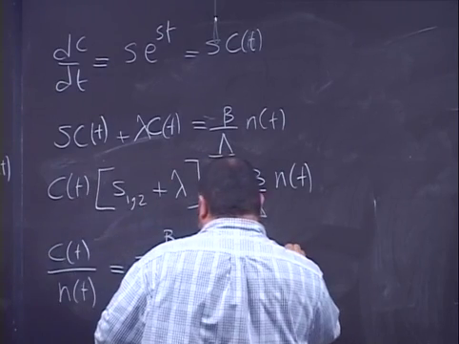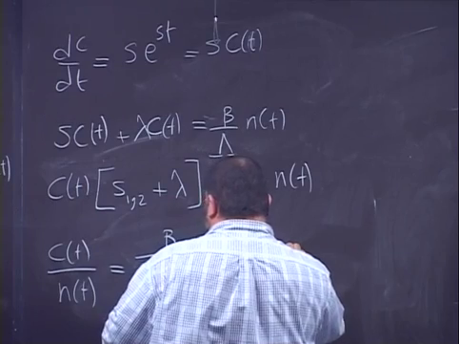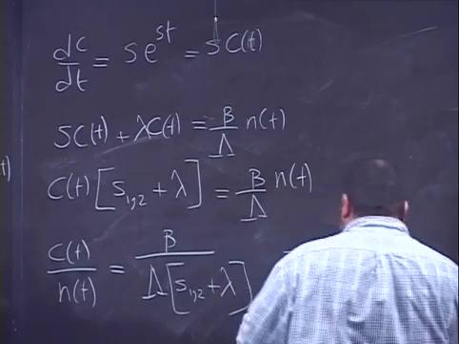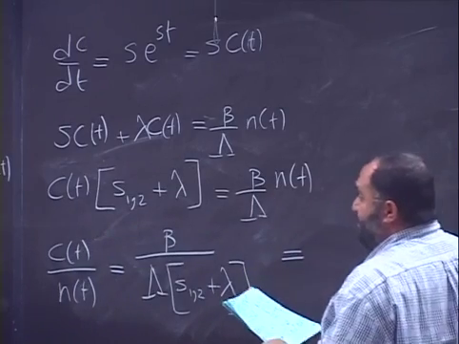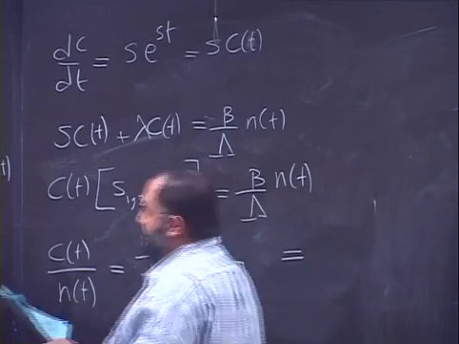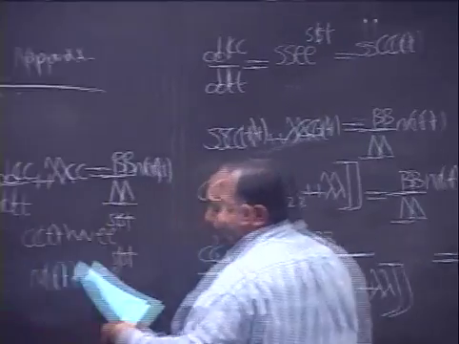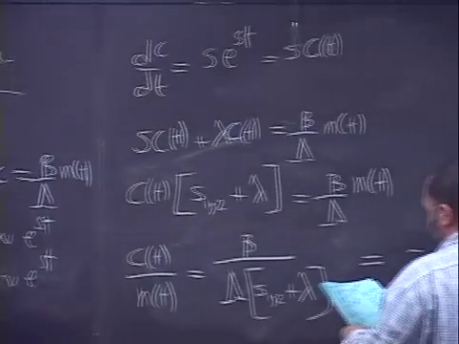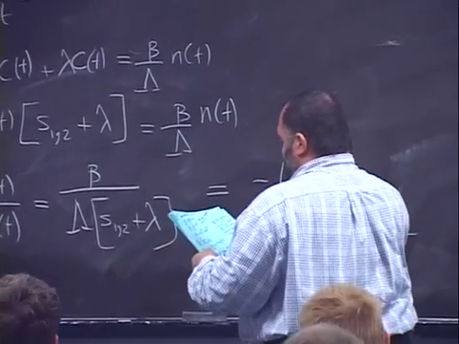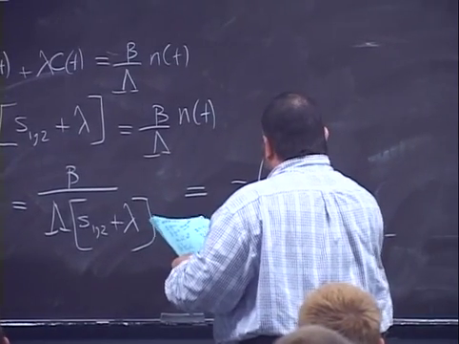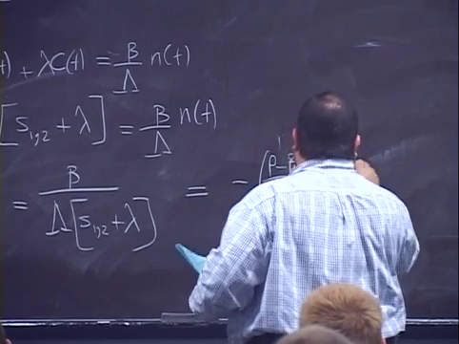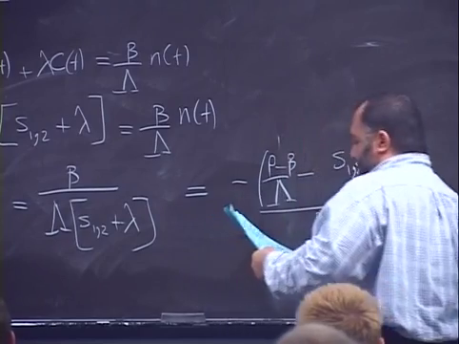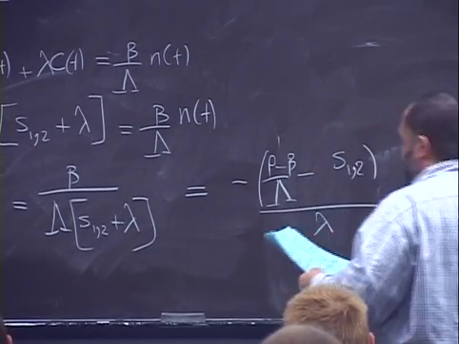And from the first equation, this equation here, this will give you minus rho minus beta divided by gamma minus S1, all divided by lambda.